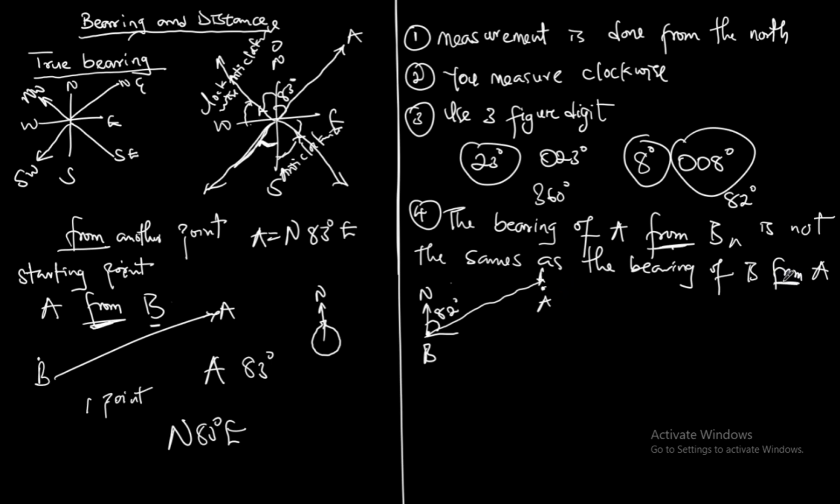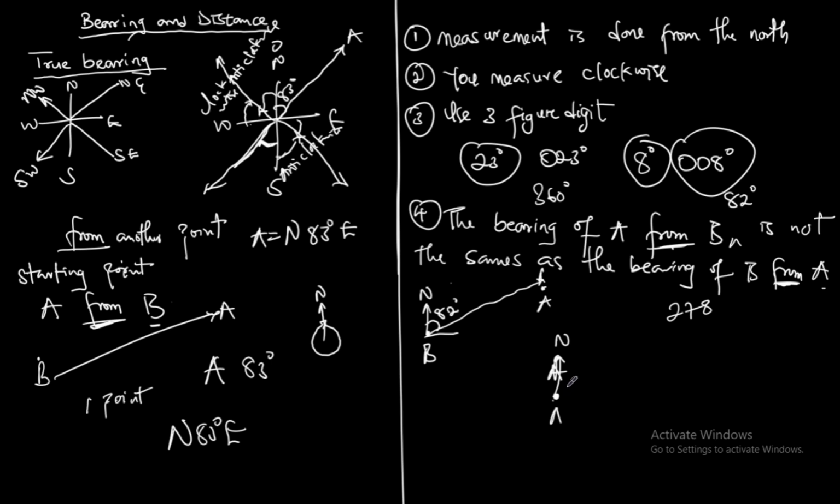Now, this from indicates that this bearing is taken from point A, which means my starting point will be point A. So if the bearing of B from A, for example, is 278, that means my bearing starts from A. This is point A, and of course, this is the North Pole.